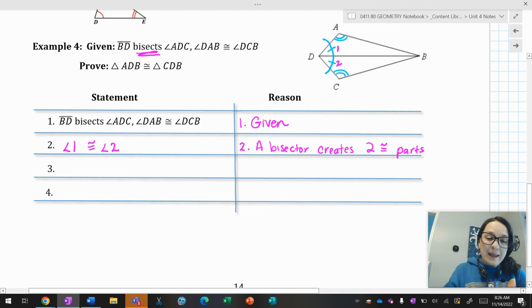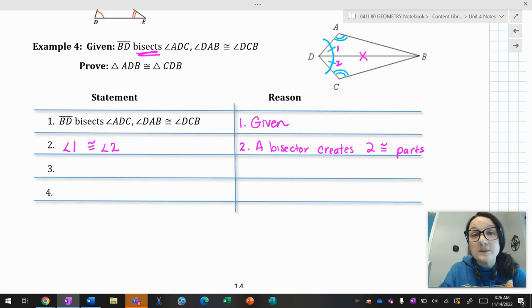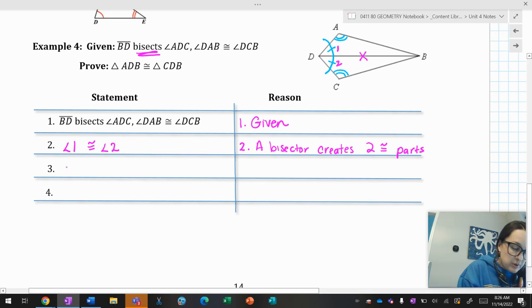All right. And then when I look at my picture now, I realize, wait a second, I've got 2 triangles that touch again. And when they touch like that, I have a reflexive property that says that the one side that they share has to be congruent to itself.